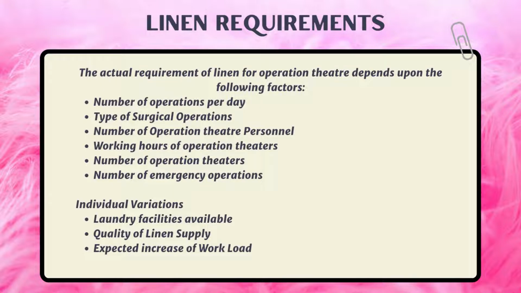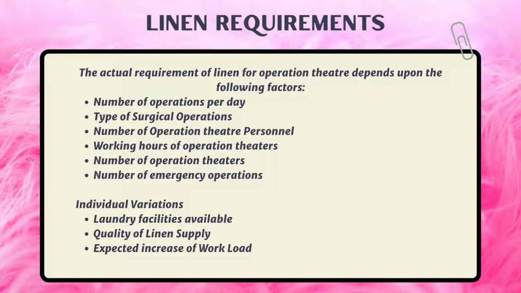But the actual requirement of linen for the operation theater depends upon the following factors, and it varies from country to country. The requirement of linen depends on the following factors: number of operations per day, type of surgical operations, number of operation theater personnel, working hours of the operation theaters, number of operation theaters, number of emergency operations, individual variation, laundry facilities available, quality of linen supply, and expected increase of workload.